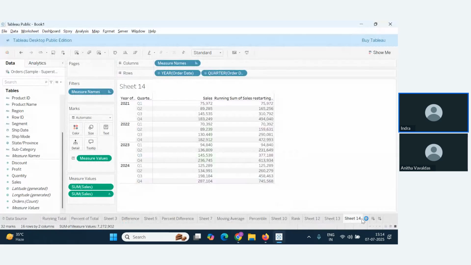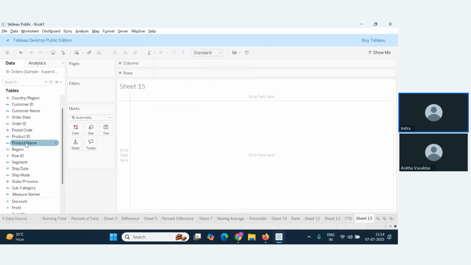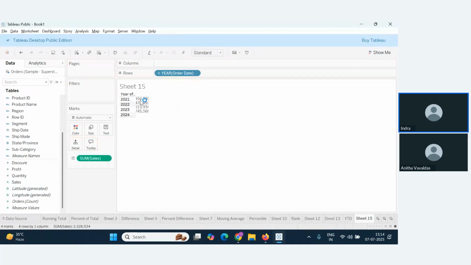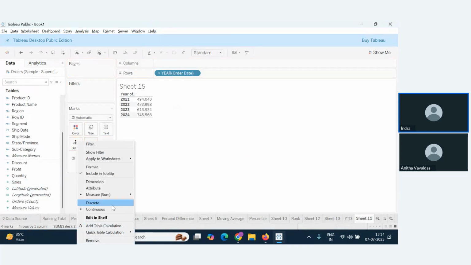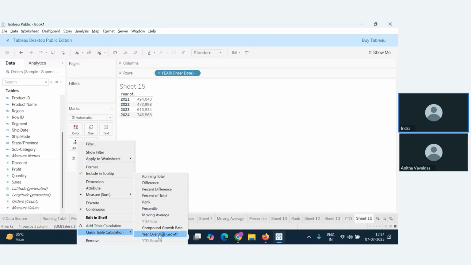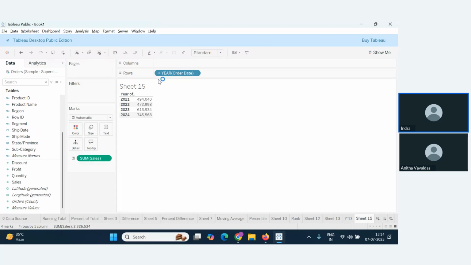Let me open a new sheet and name it YTD. Let's take order date once again and now take the sales here. Let's go to quick table calculation and select YTD total.